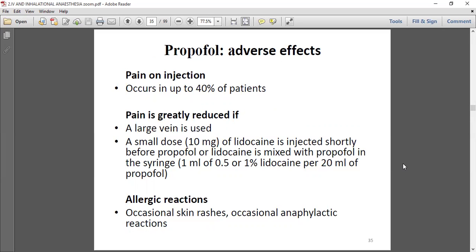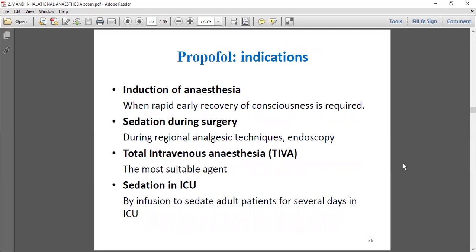Other adverse effects: you have allergic reactions, occasional skin rashes, occasional anaphylactic reactions. So, indications. Propofol is indicated in induction of anesthesia. Like I said, all these IV anesthetic drugs are used for induction.